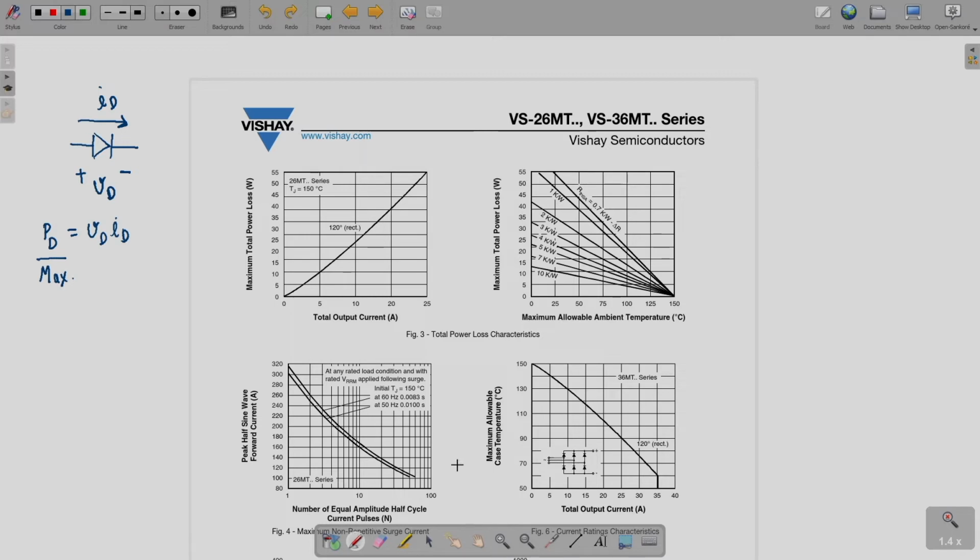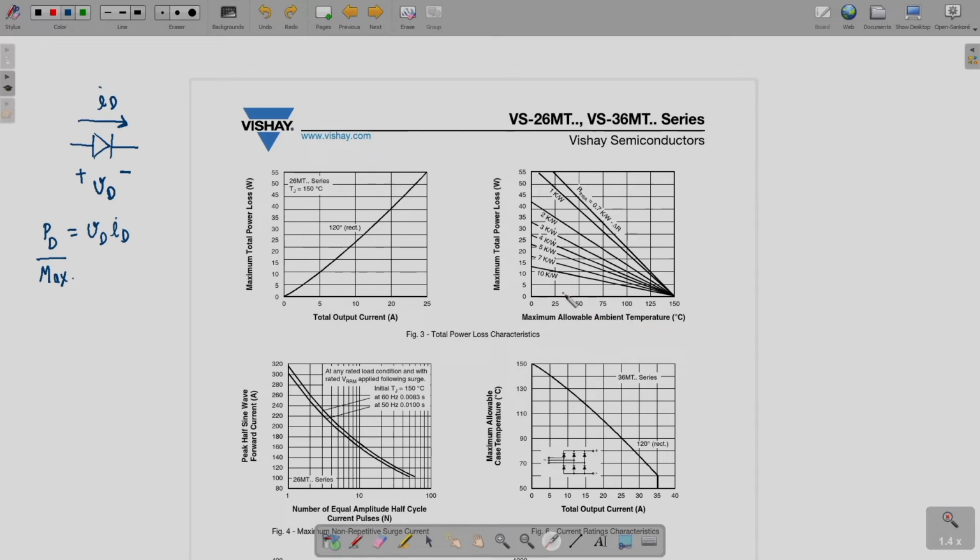So, that is the maximum total power loss that is provided over here, and then there is the total output current with respect to that. So, here you can see that as current increases, power loss is also increasing over here.